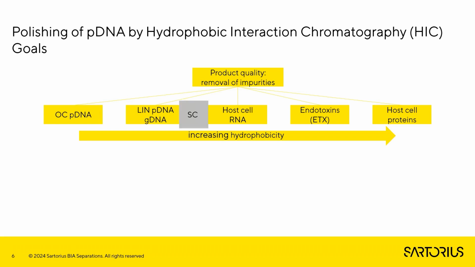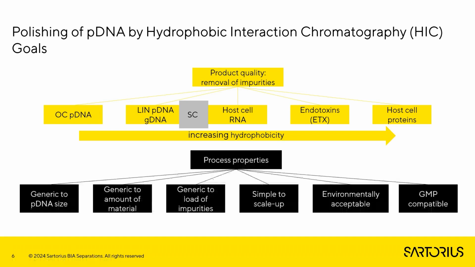Its hydrophobicity is slightly higher than that of linear species, and that's why it's very tough to discriminate between them and to separate them chromatographically. Host cell RNA, endotoxins, and host cell proteins are much more hydrophobic than supercoiled, which means they actually remain on the column during the elution phase of supercoiled.